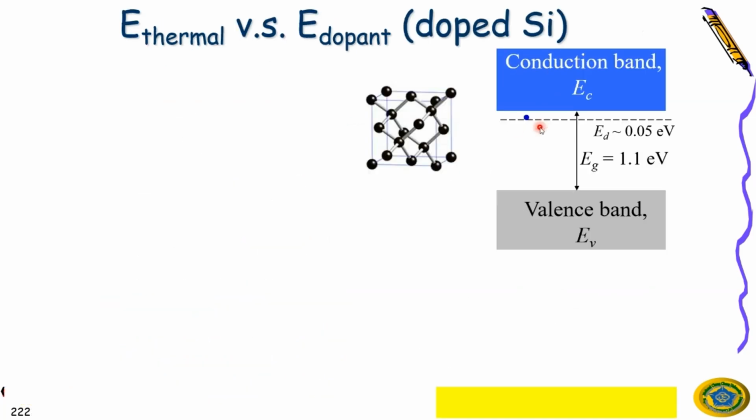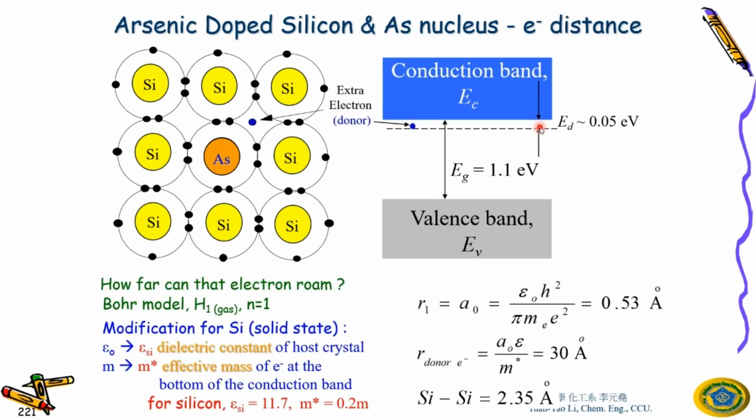Okay. So if you introduce arsenic atoms into the silicon crystal, you will find the chemical property changed, the conductivity changed.